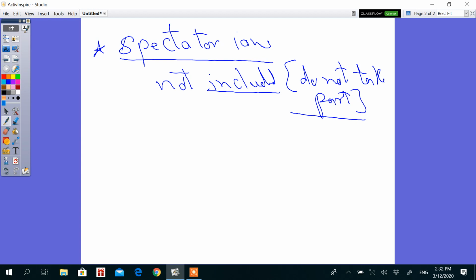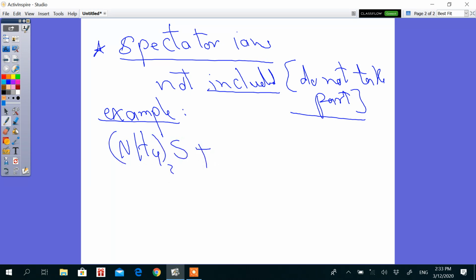If we want to understand what is meant by net ionic equation and spectator ions, we must apply that in our previous example. We have ammonium sulfide and cadmium nitrate again.